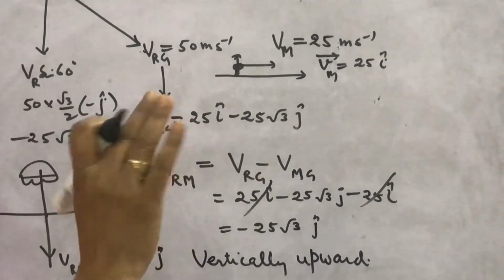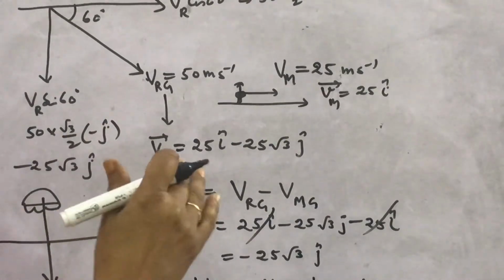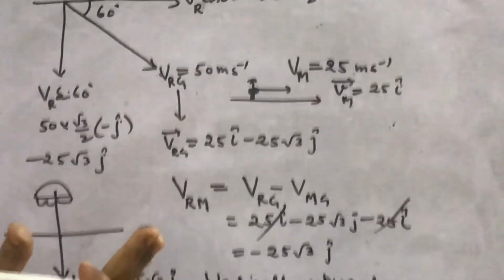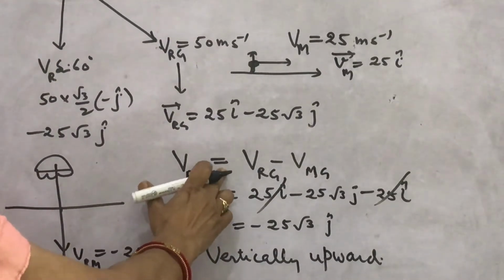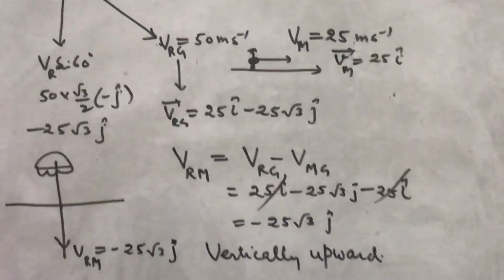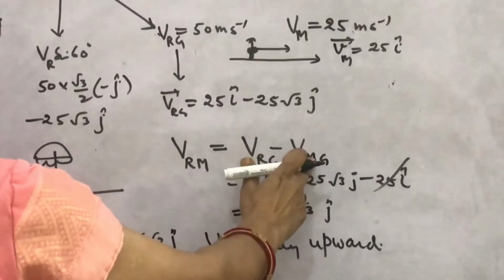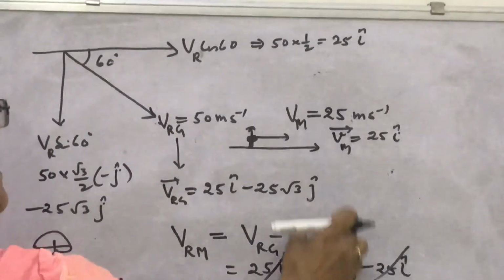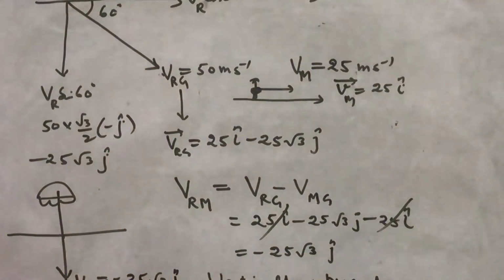And in any question, suppose it is asked what is the resultant speed, you find this VRM vector's magnitude. How will you find the magnitude of this vector? Under root VRG square plus VMG square.